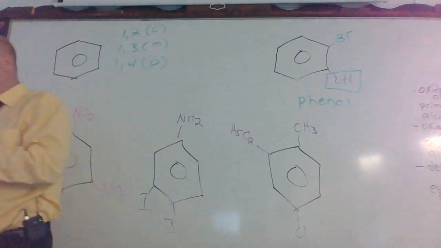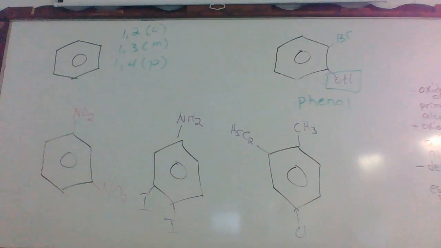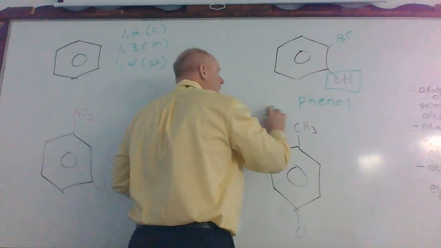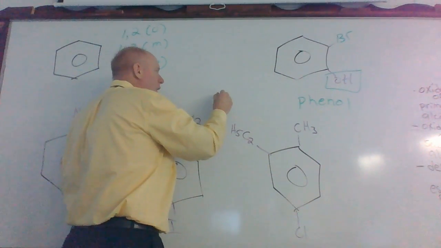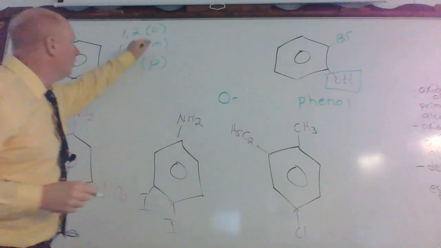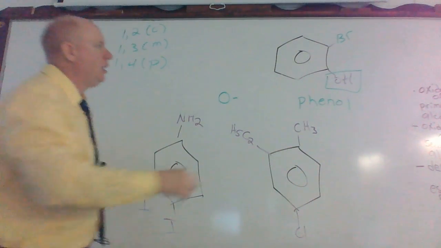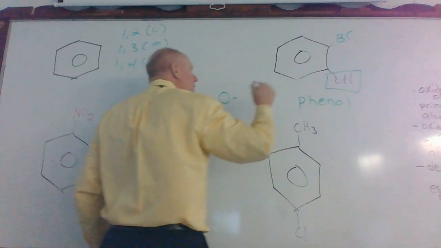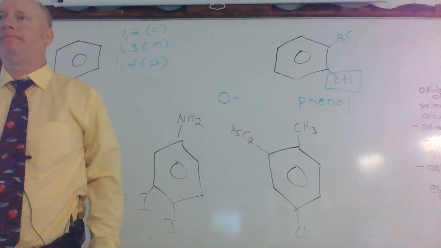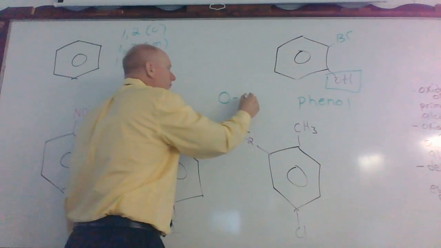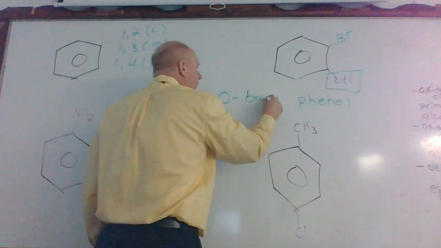Just like we put that dash circle around that methyl group for toluene, when you say that, that's automatically the first carbon. So now, when we look at this, you could say, like you had mentioned, Tori, O for the ortho position because it's 1, 2. We've got 1, 2, ortho, and then how do you abbreviate bromine? Ortho-bromo-phenol.